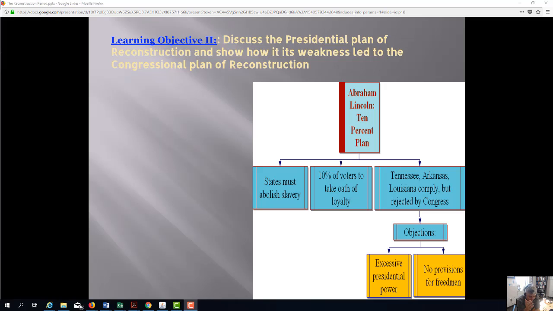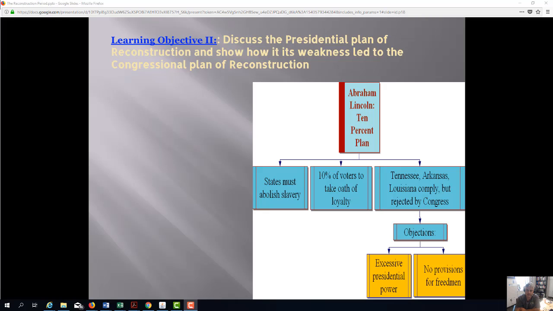And then, and this is where radical Republicans like Thaddeus Stevens are going to get frustrated with Lincoln, 10% of the voters must take a loyal oath to the Union. This isn't a very tall ask for the South, and so a lot of people in the North are going to get frustrated over this particular aspect. But again, Lincoln is trying to go for a long-lasting peace.